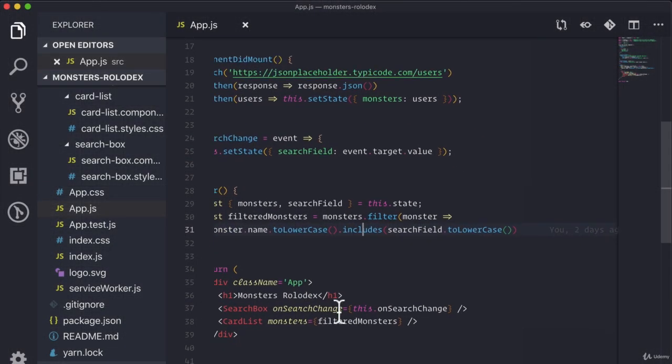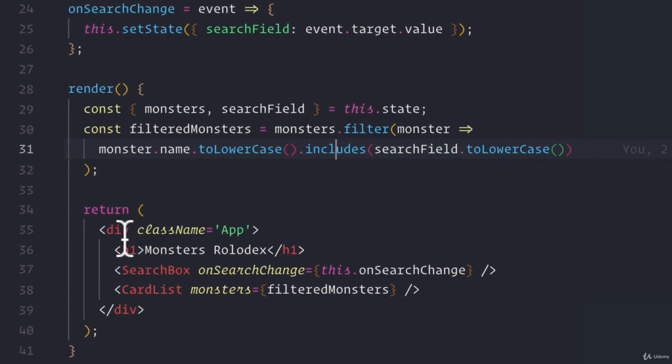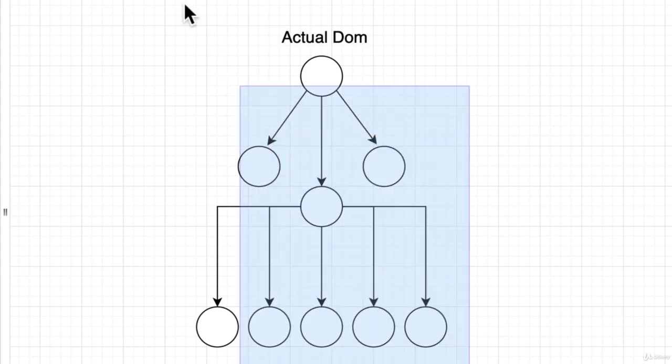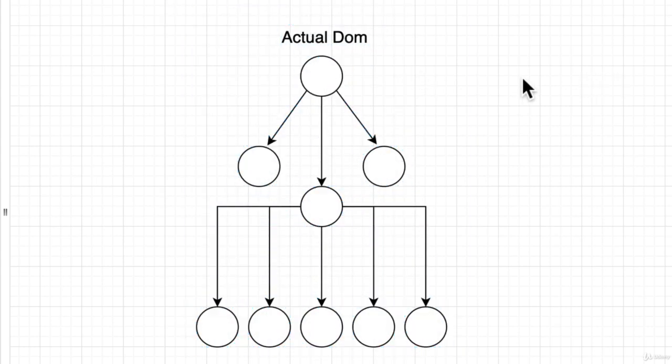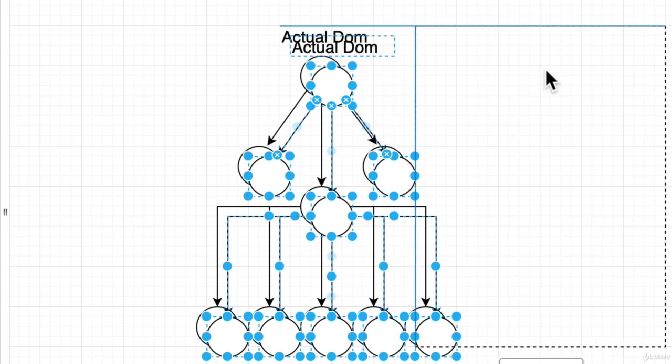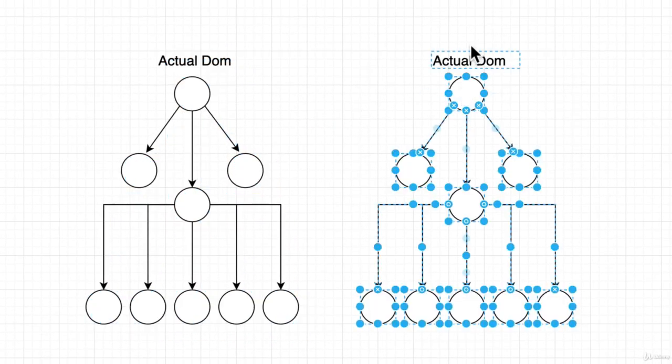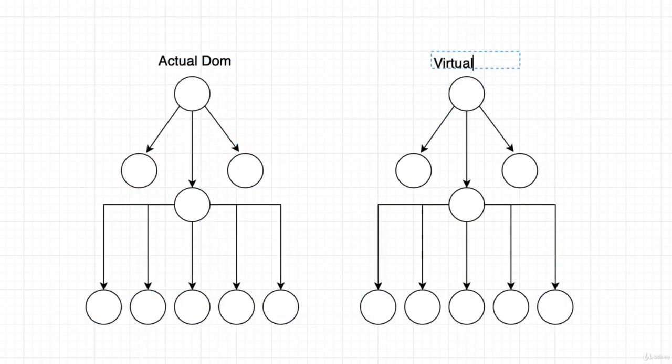Our JSX also is just JavaScript that returns what looks like these HTML elements. So what React will do is it'll completely copy this actual DOM, except this it will call the virtual DOM. And the virtual DOM is, as I mentioned, just a complete copy of this actual DOM, but in JavaScript.